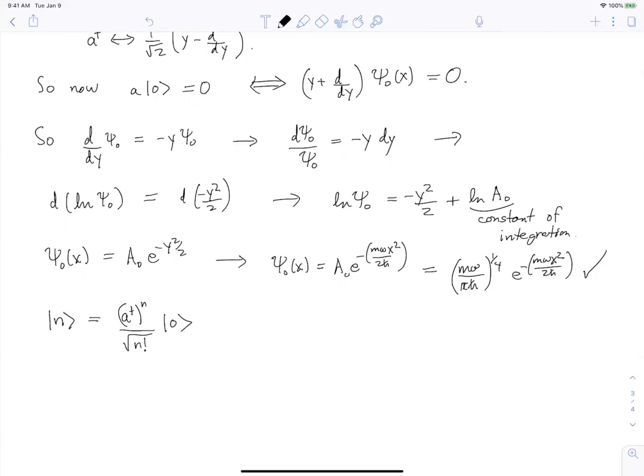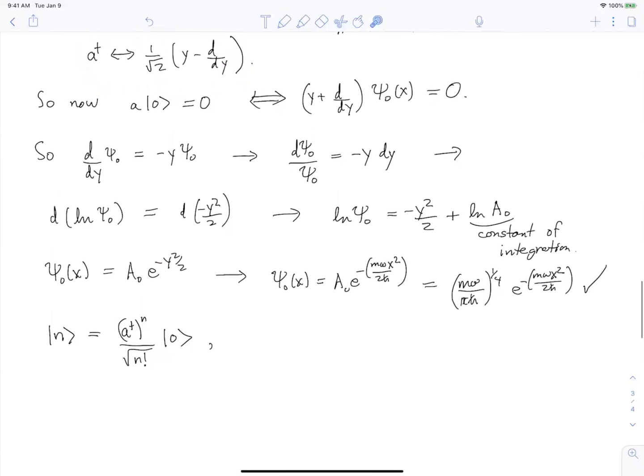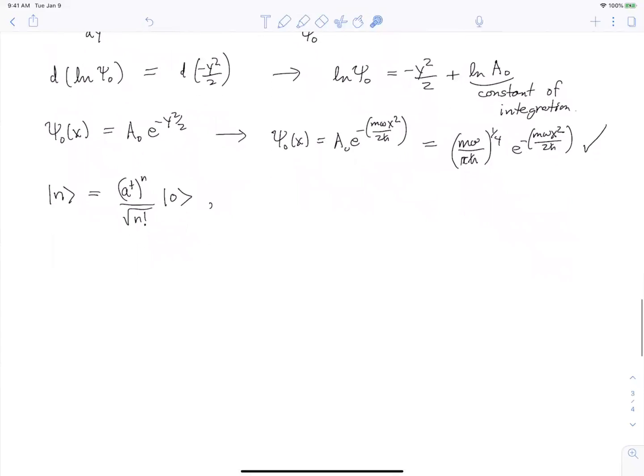That's using how we know how a dagger acts on each state recursively. And we also know from up here how a dagger is represented in the position representation.